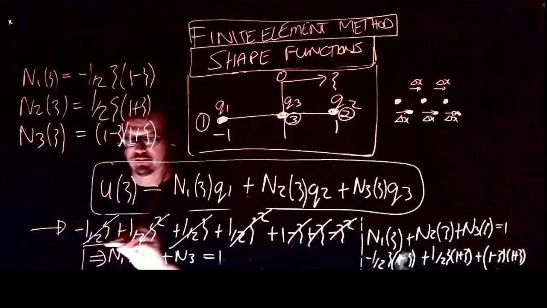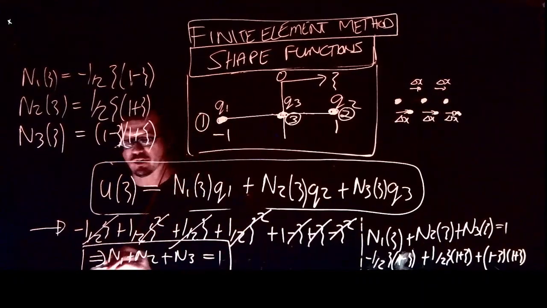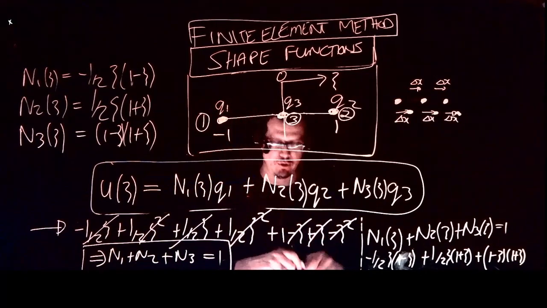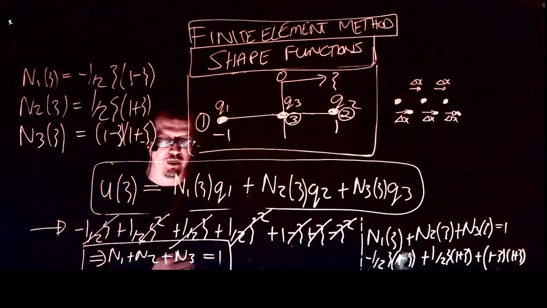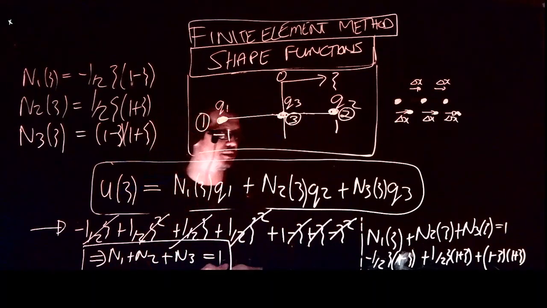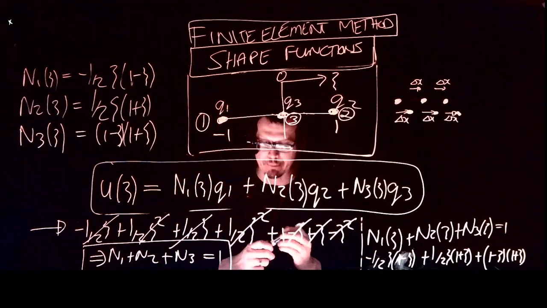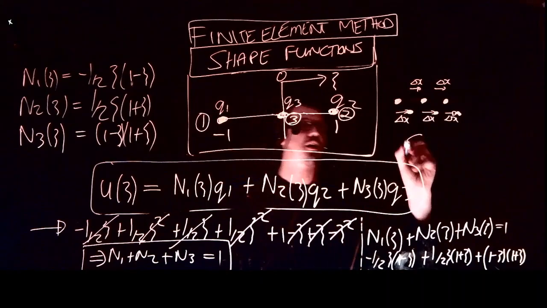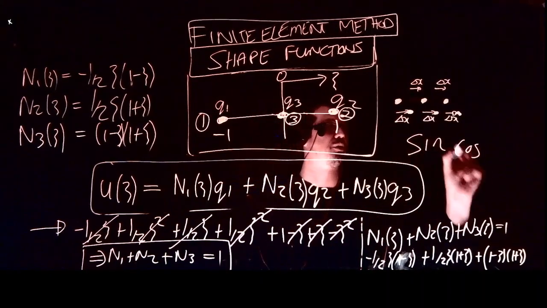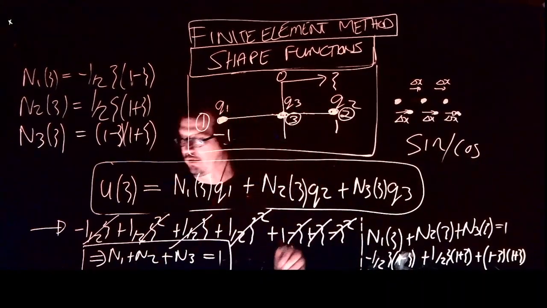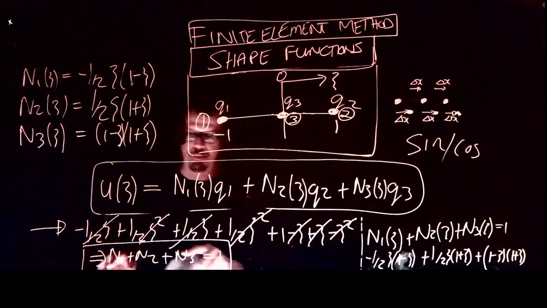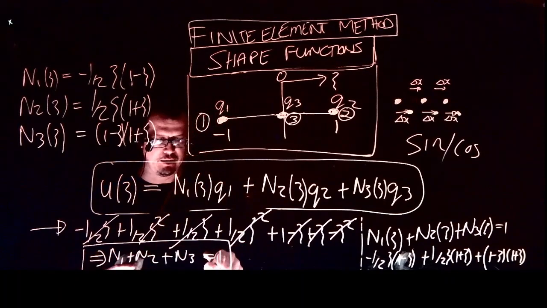So this is an important thing. The way I've shown you how to construct shape functions will, to a large extent, have this kind of property, but it's always something you need to double check. This is why we can't just make up shape functions. Say I wanted to use sines and cosines: often with those kinds of formulations, the shape functions don't add up to 1.